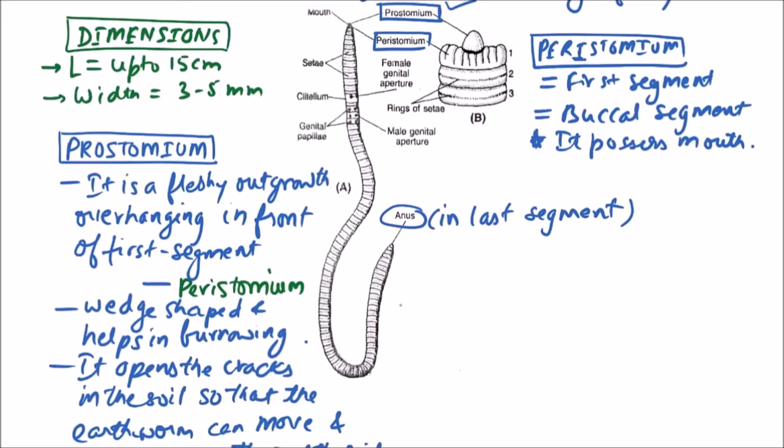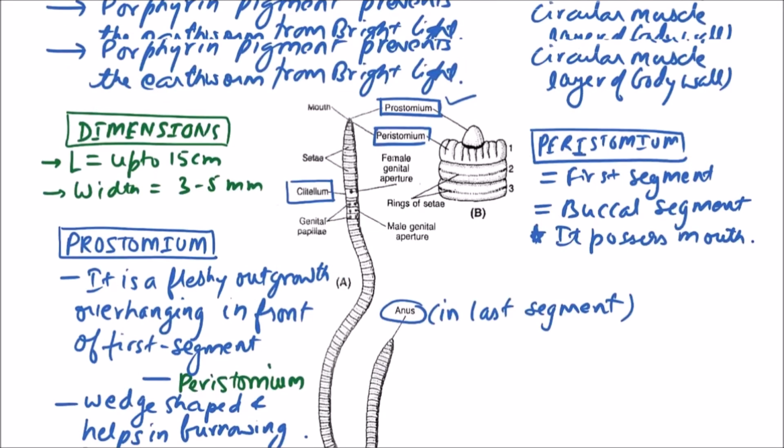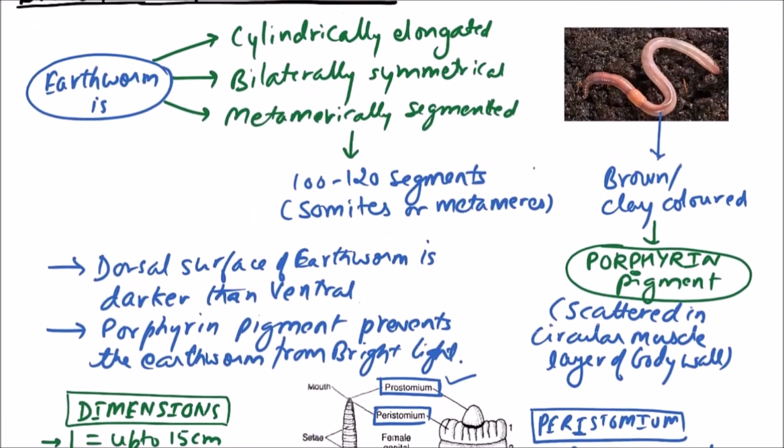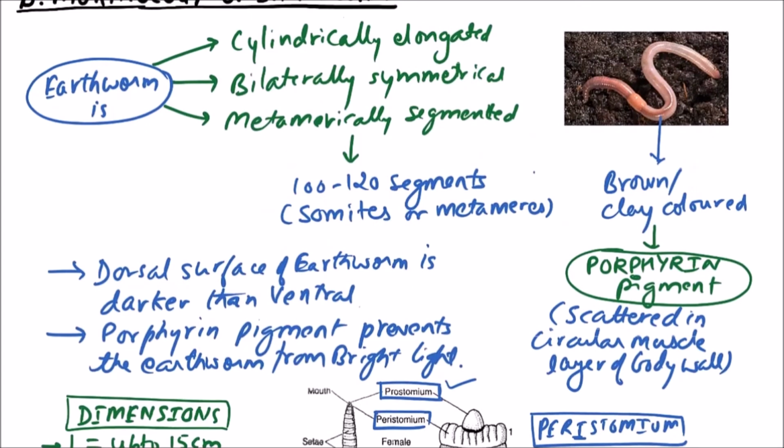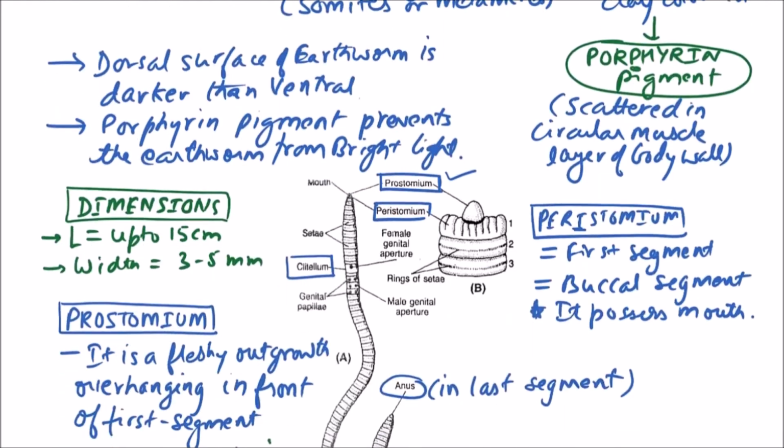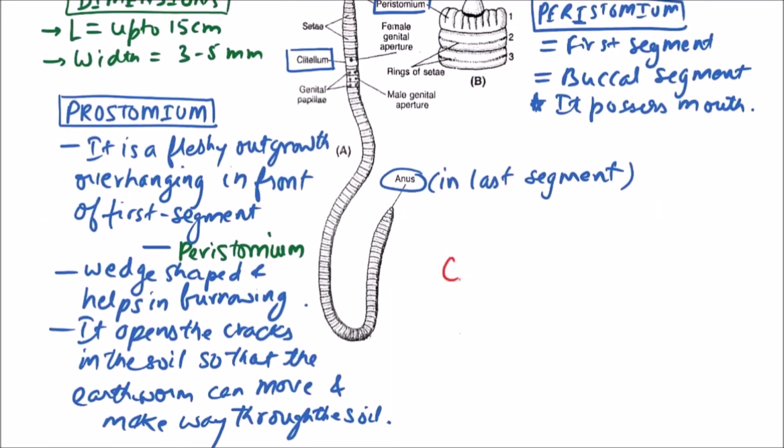Now, this discrete structure is clitellum. We can observe the clitellum in earthworm here. This is clitellum. Now, what is clitellum?